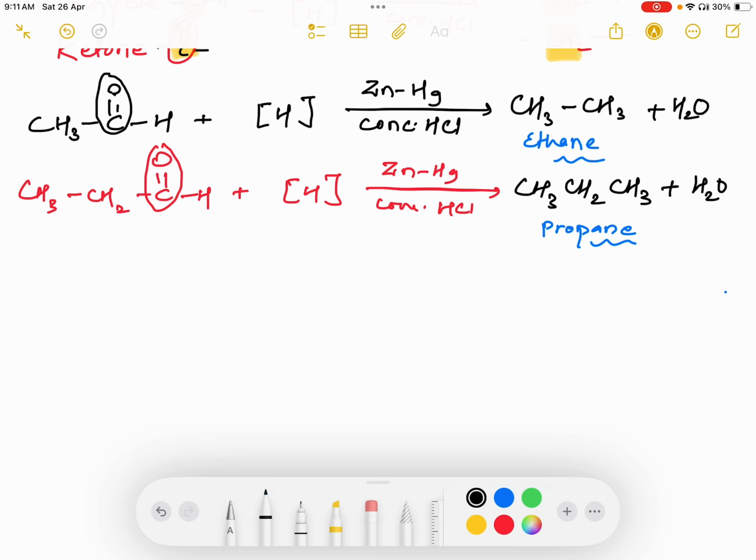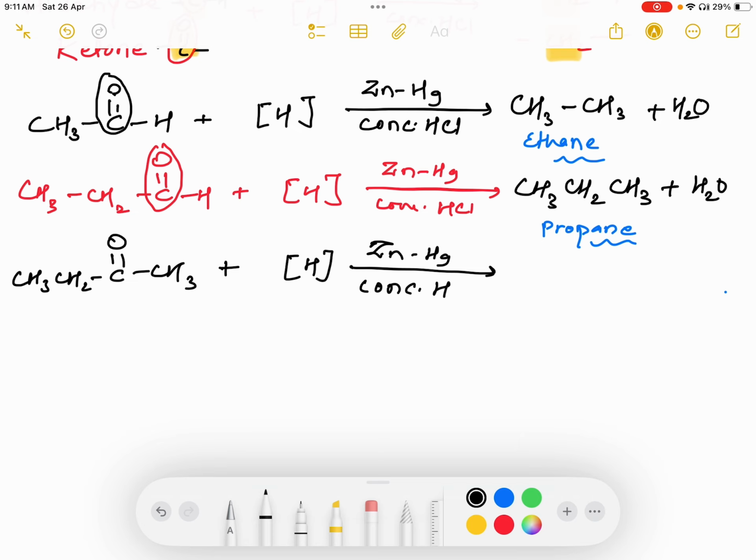Let me take another example. Here I have CH3 CH2 C double bond O CH3, and again I'm treating it with the same reducing agent, ZnHg in the presence of conc HCl. What will again happen?